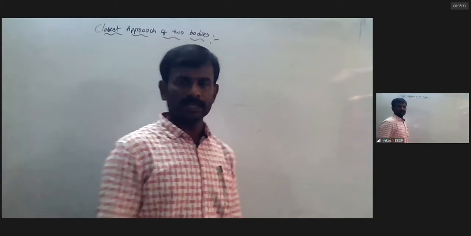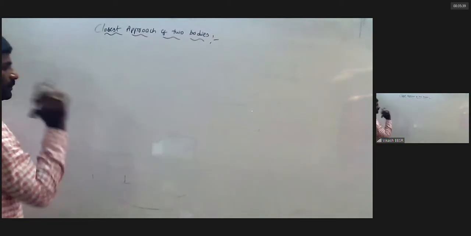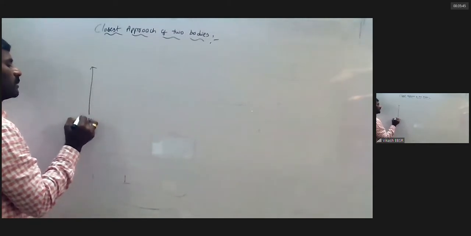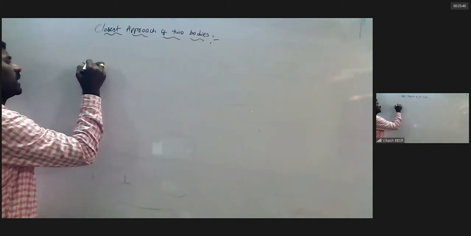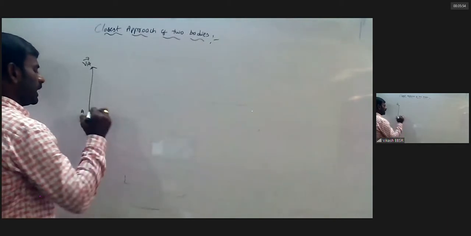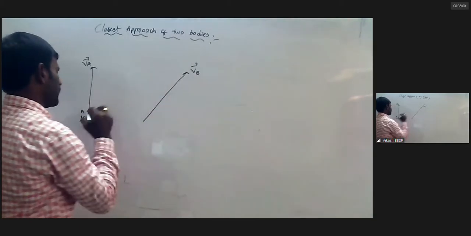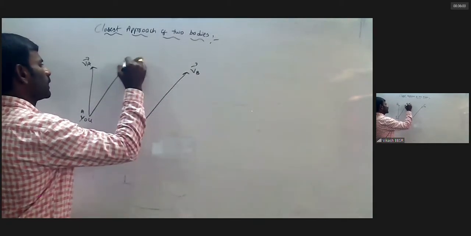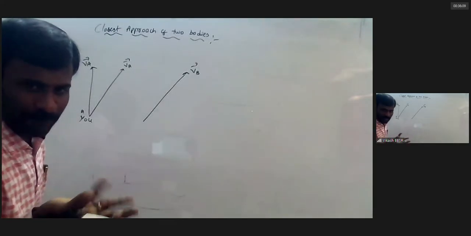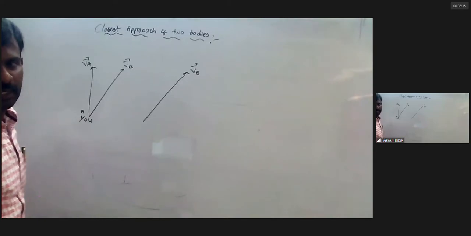Listen, for example, don't write it. You are moving like this with some velocity VA bar, and your friend is moving like this, suppose with VB bar. What is the closest approach between you and your friend? How do we take that closest approach?